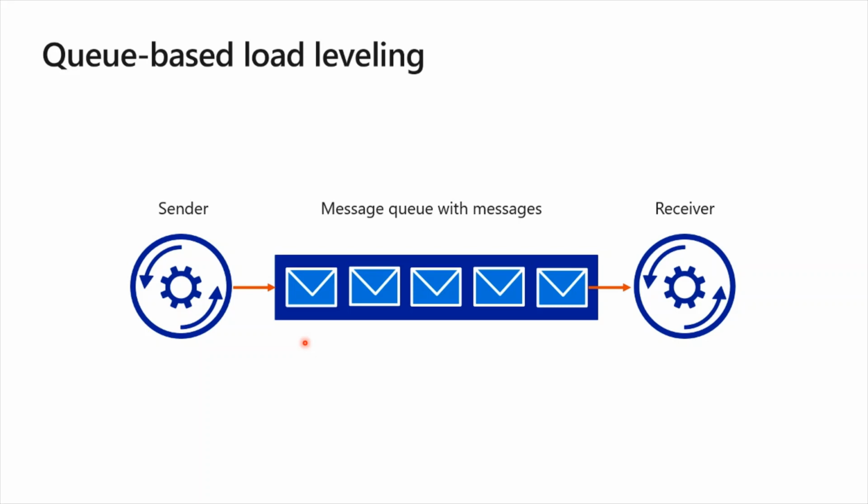So it can help you to gain high availability because your application is not dependent then, because this is not tightly coupled, and your message is stored, it's not lost.